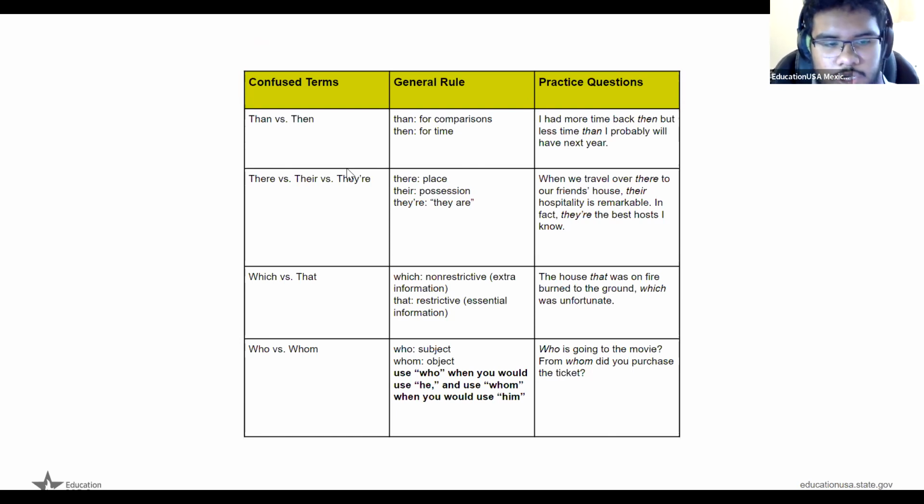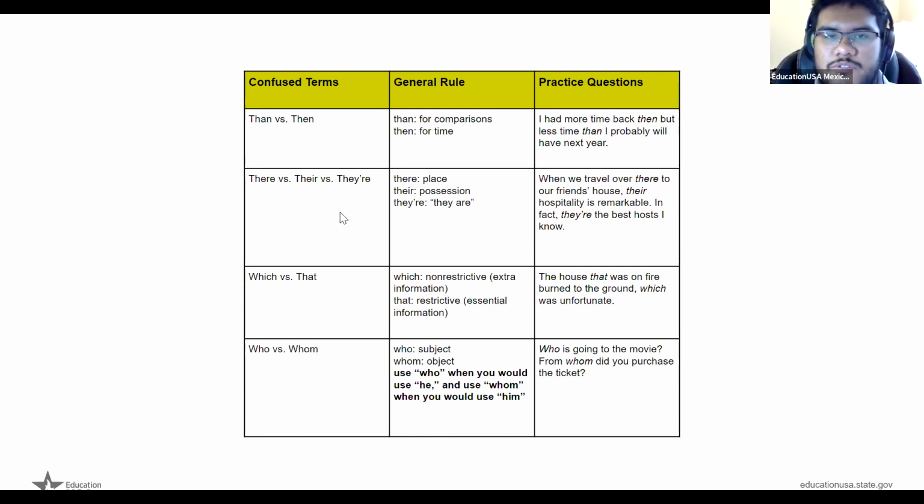This is who versus whom. The word who acts as a subject, the way you would say I, you, I am, you are, he is. You would use who in the same context, like "who is," whereas whom is used as an object, the same way you would say me, him, her, like I help him, I help you, I help her, or he helps me. You would use whom there.